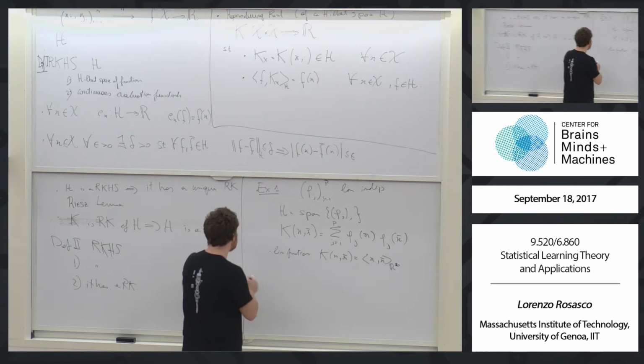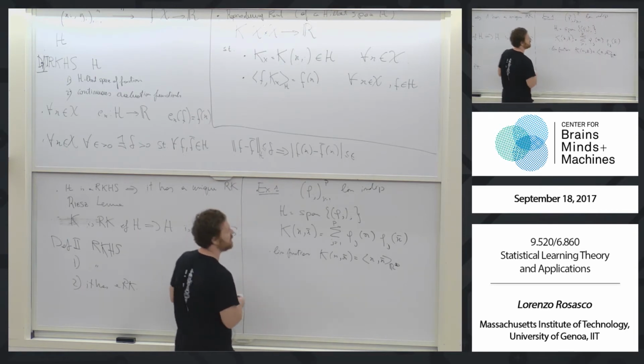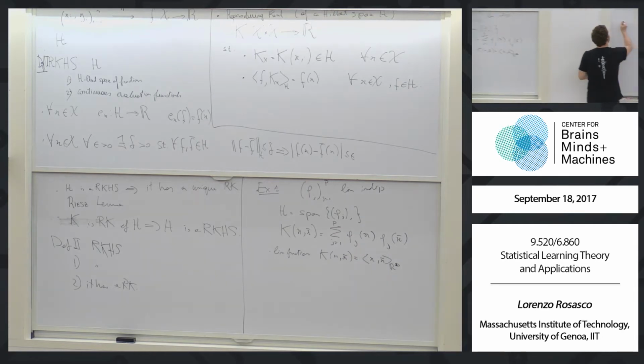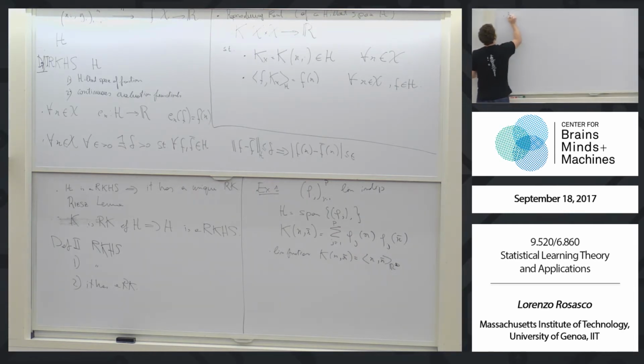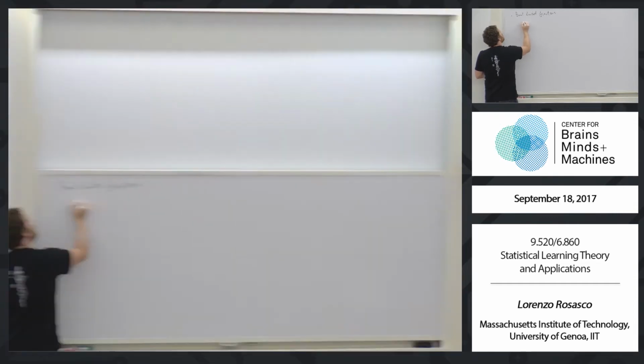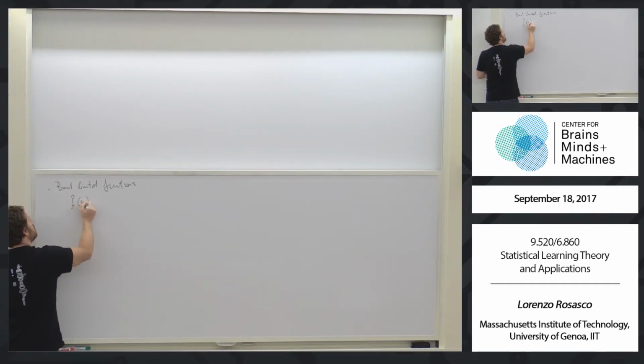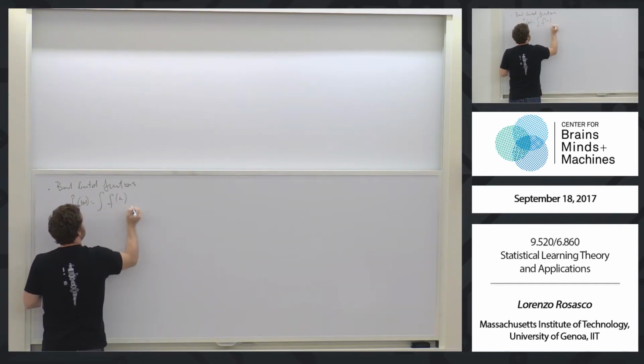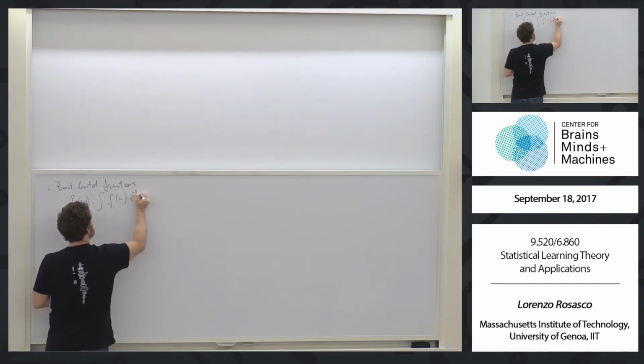The other example we introduced is band-limited functions. We saw that L2 is not okay, so let's put that aside. Remember the Fourier transform; I'm going to be sloppy about normalizations and just consider the one-dimensional case.